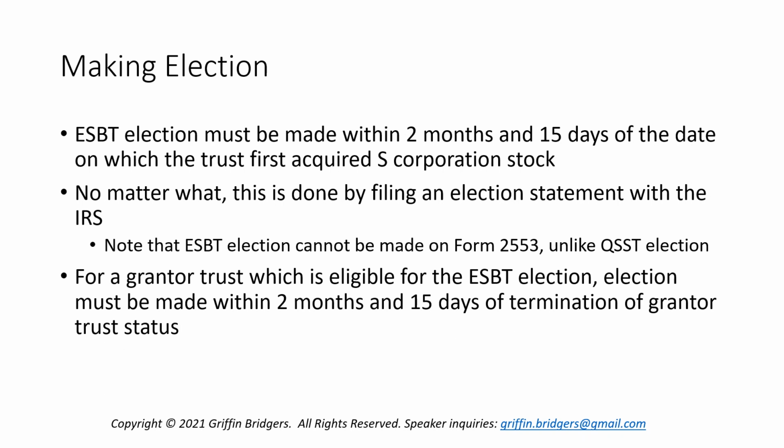Well, no matter what, you have to have a typewritten election statement containing certain information that's filed with the IRS. Unlike the QSST election, which can be made on Form 2553 if that election is made concurrent with the underlying S corporation election, you don't have that option with the ESBT election. You're limited in all cases to an election statement.